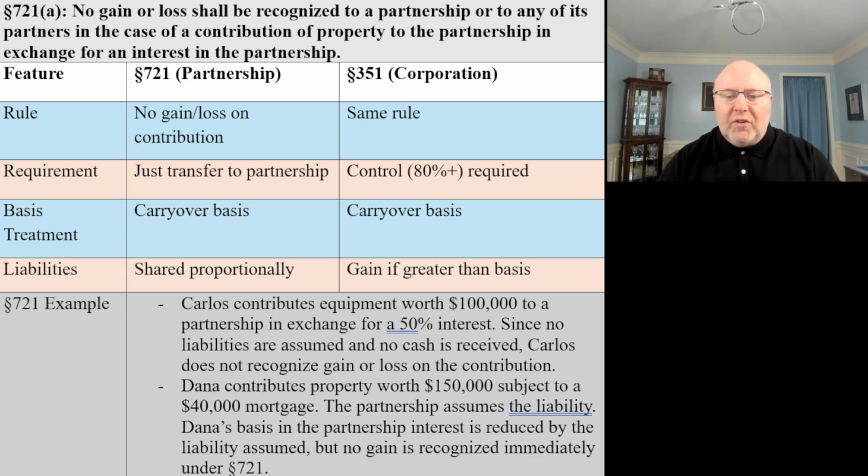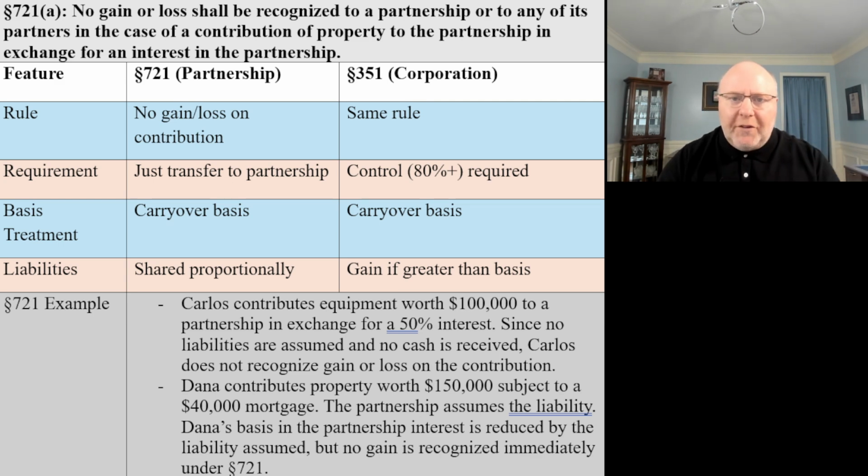So we reduce Dana's basis by $40,000. If Dana's still going to have some liability because of her partnership interest, then after we decrease it by the $40,000, we subsequently increase it by the amount Dana's still liable for on that mortgage.